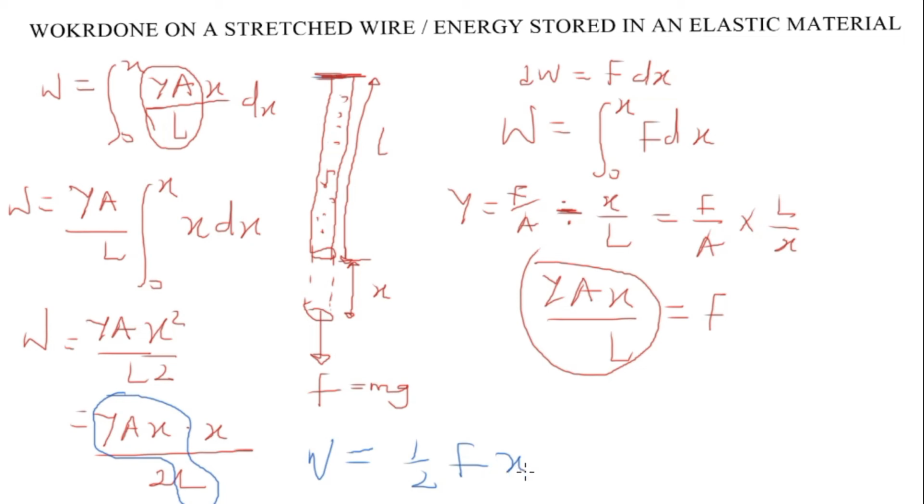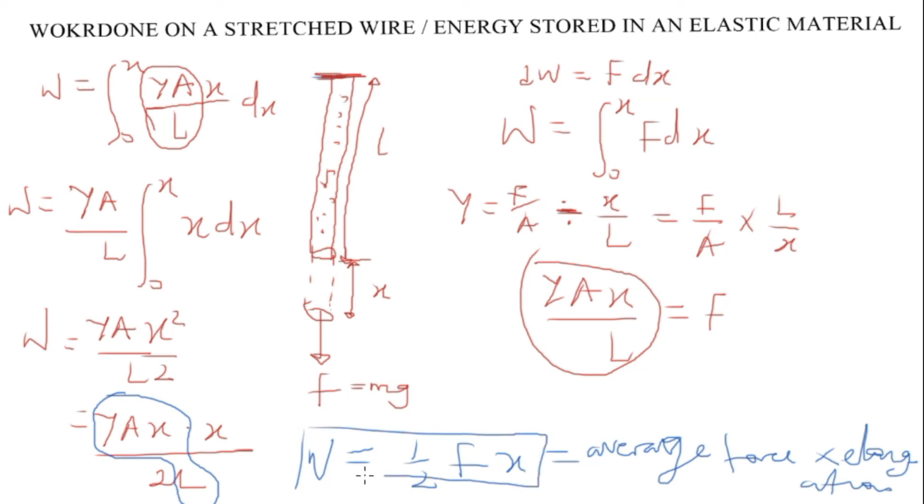multiplied by the extension. So we can have it something of this nature. The work done is the product of the average force and the elongation. So this is the formula for the work done that is being required to stretch a wire.